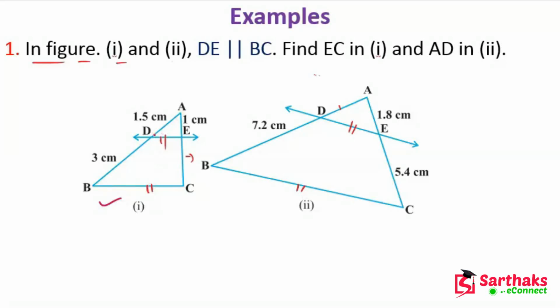So we can write AD upon DB and AE upon AC. This is the basic proportionality theorem.